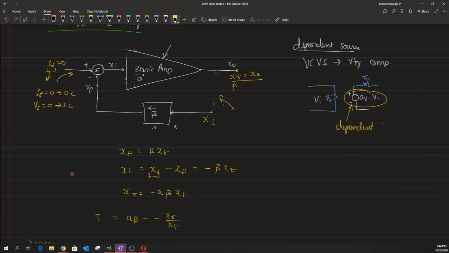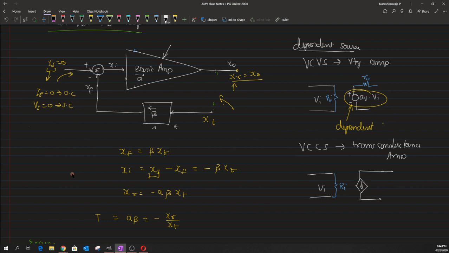Even in the other example, where we have used a voltage controlled current source to model what is known as a transconductance amplifier, which looks something like this. Again, we have an input voltage which is measured as Vi, and even if we consider this non-ideality, we will have this resistance Ri, and we would be having a dependent source, which in general would be a current source.